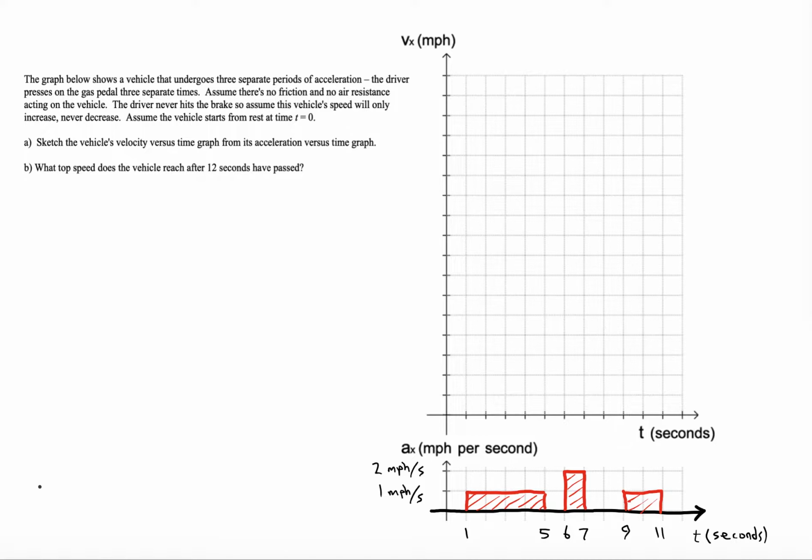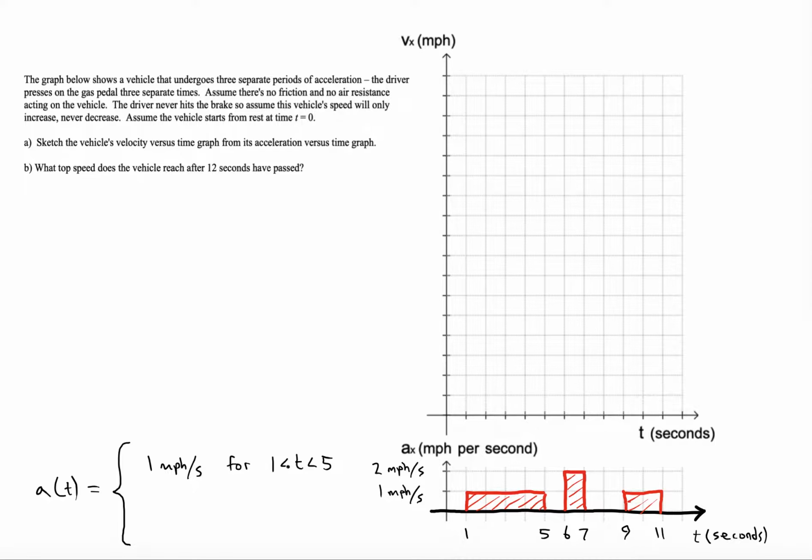And we can write out what it is. The acceleration as a function of time will be defined piecewise. So you're going to have 1 mile per hour per second for t between 1 and 5.